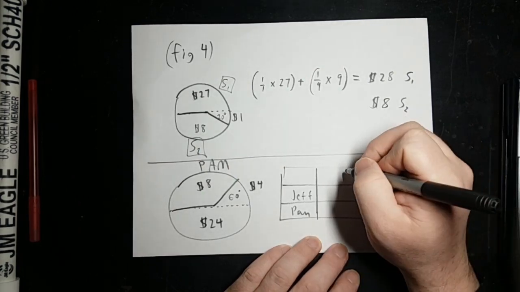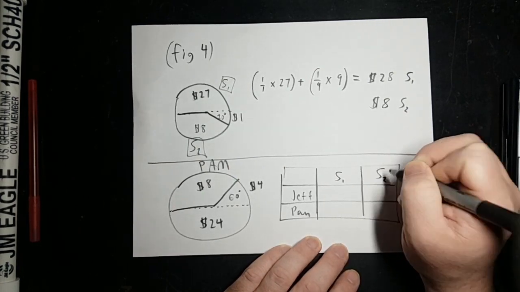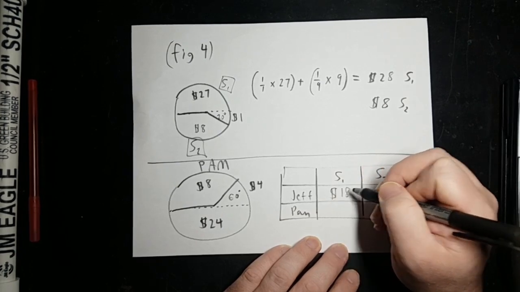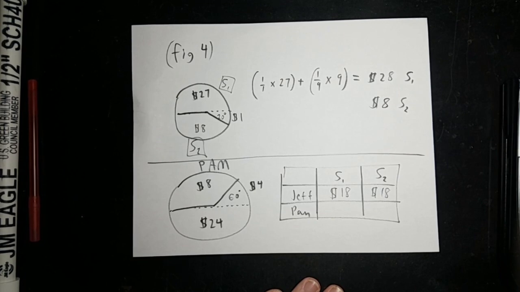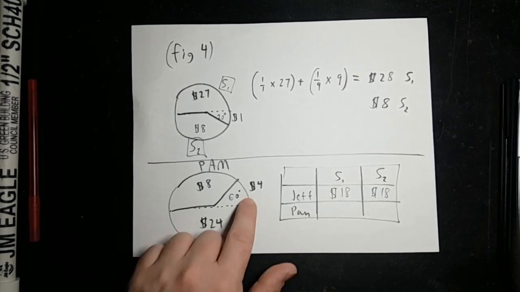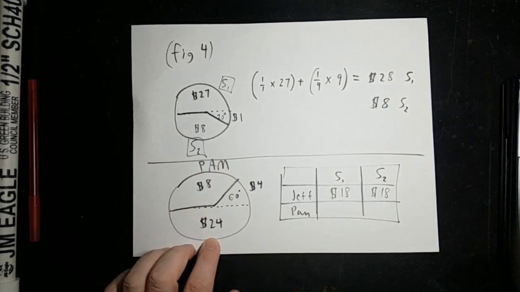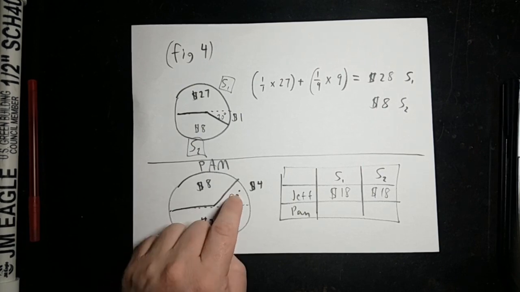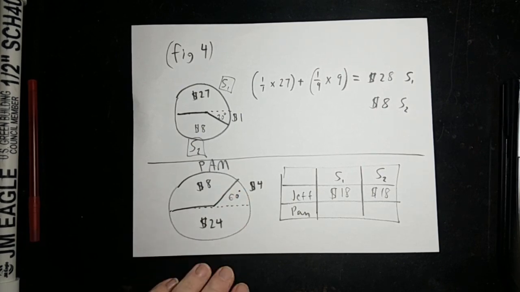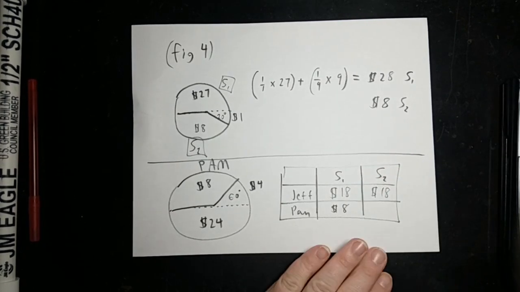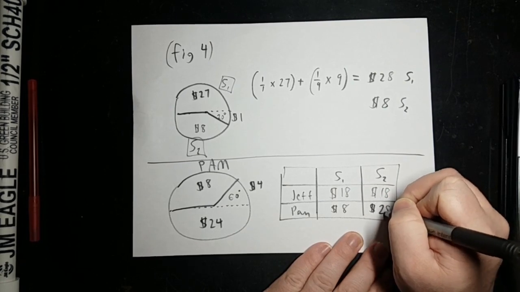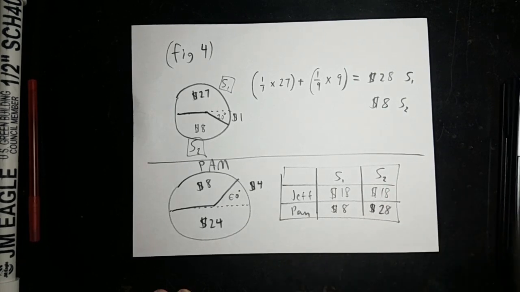Now the value of slice 1, the value of slice 2, Jeff is valuing them both at $18, because he made the cut for figure 3. We just did the calculations for Pam on figure 3, based on 1/3 of her $12 value. Well, slice 1 to Pam is only worth $8, whereas slice 2 to Pam is worth $28.